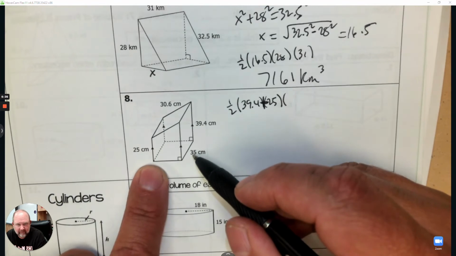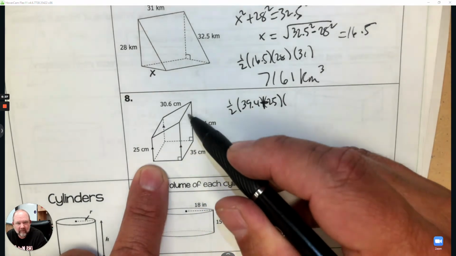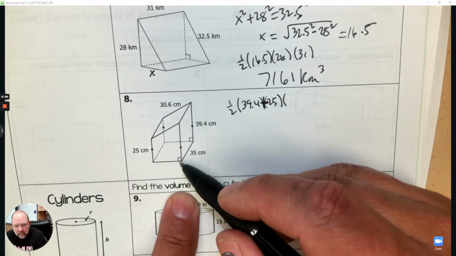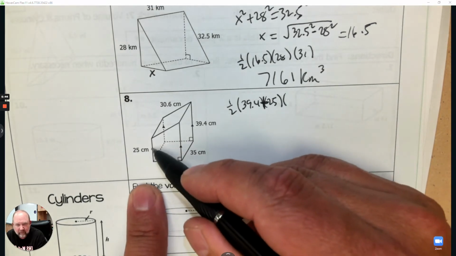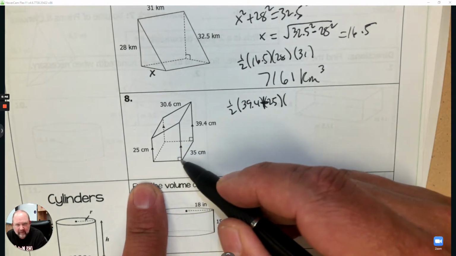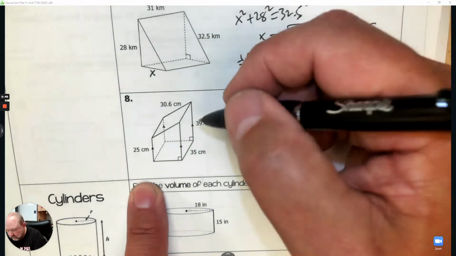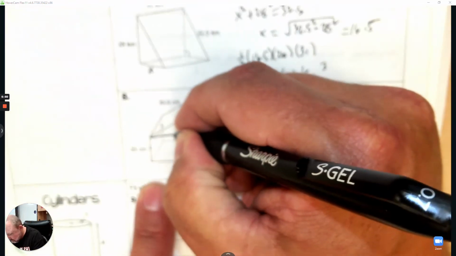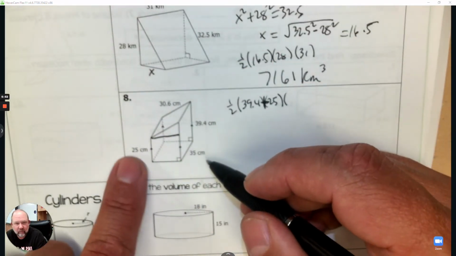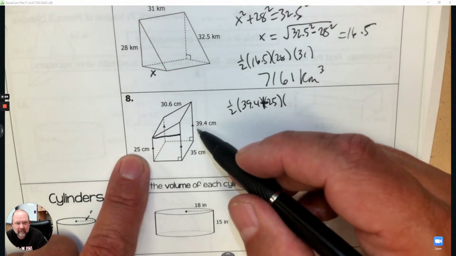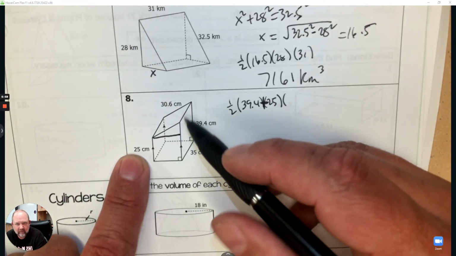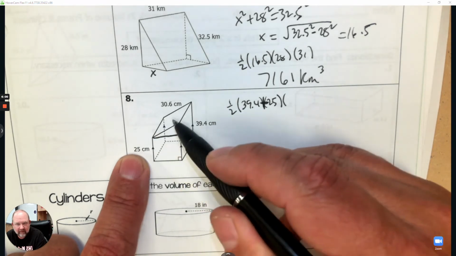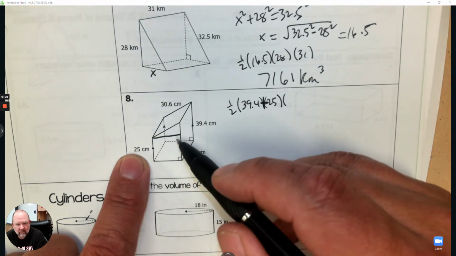So you have 35. Try to see what we have to find this. Oh, here. But the height of this trapezoid, straight up, right here. How high is that trapezoid? So, in order to do that, I have 25. I have 39.4. That slant right there.